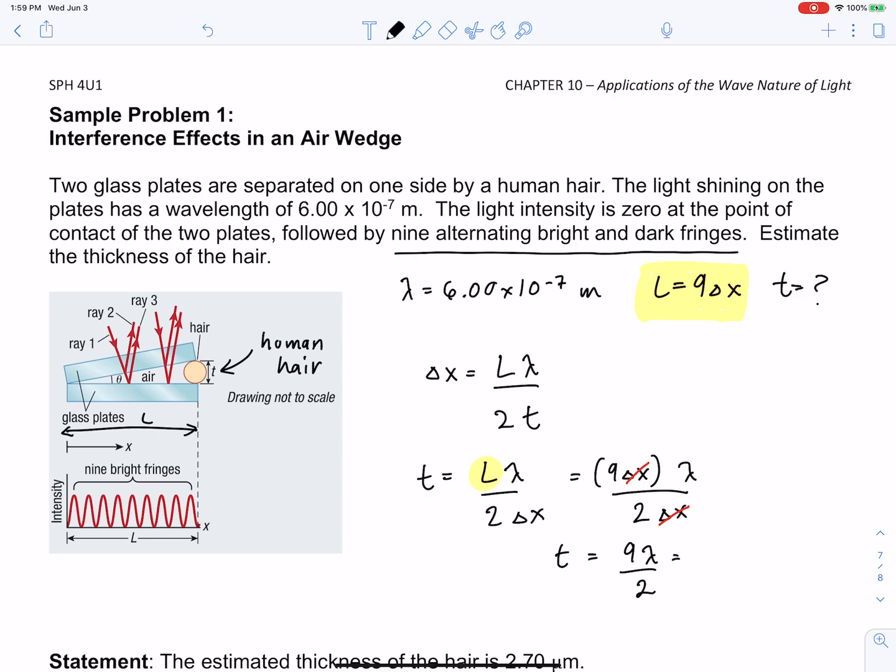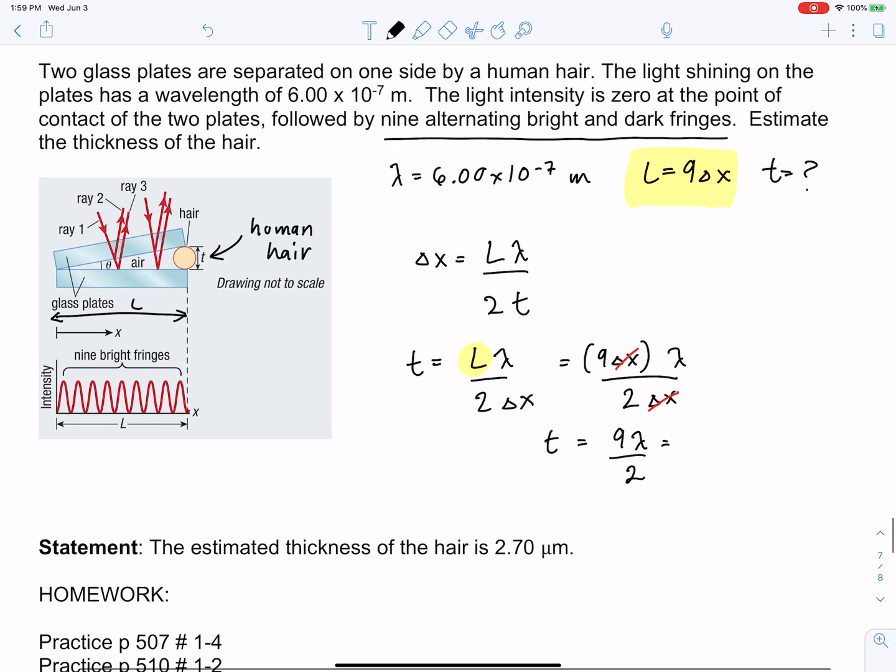If we know how many dark fringes are present between a given length of glass, then we can actually use that to calculate the thickness of the object causing this resulting interference effect in this air wedge. So we're going to do that. 9 times 6 times 10 to the power of negative 7 meters divided by 2.